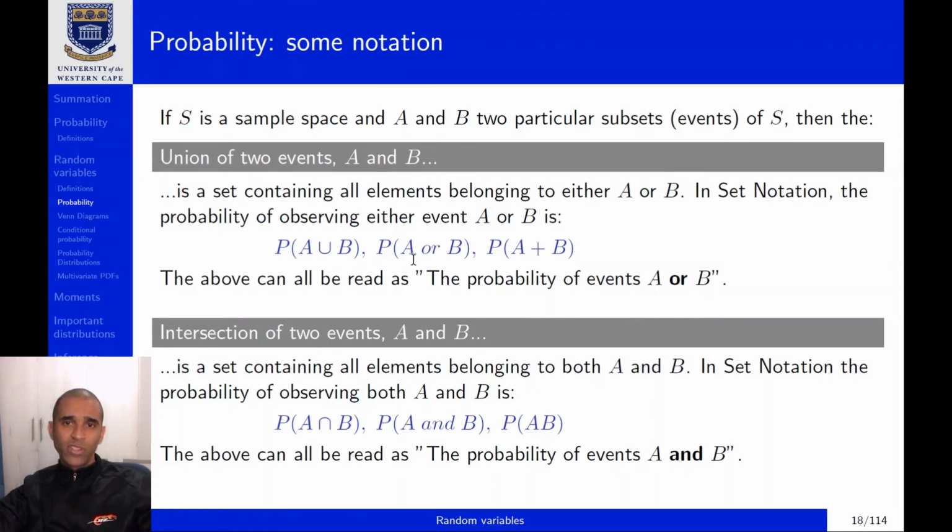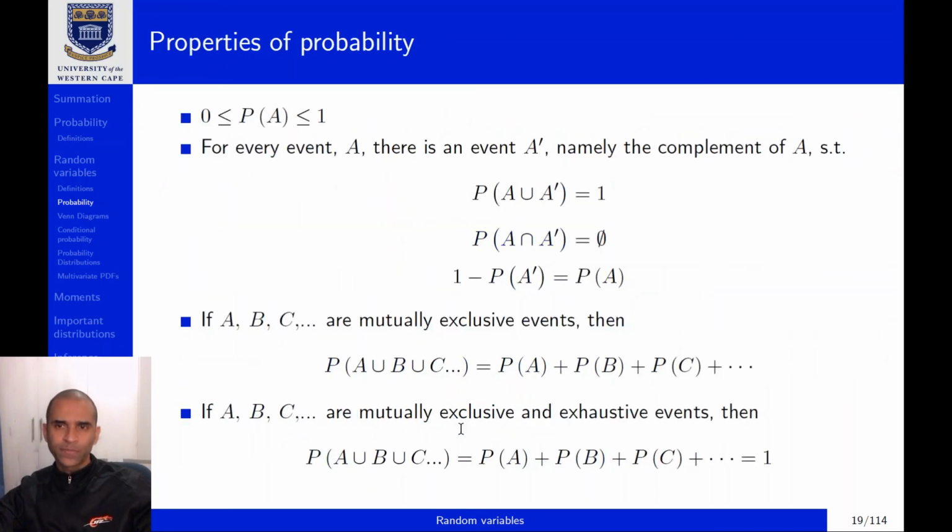In the case of expressing the union of two events, which can be read as the probability of observing either event A or event B, can be written as follows, as presented over here. When talking about the intersection of two events, which should be read as the probability of observing events A and B, can be expressed as given on the slide over here.